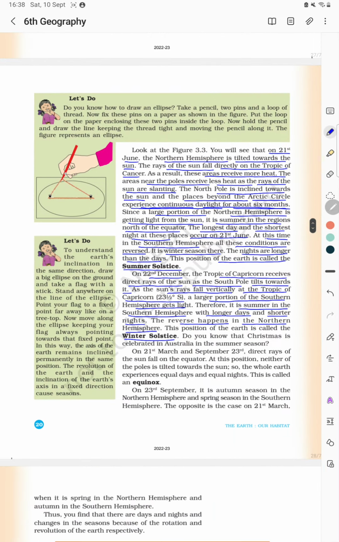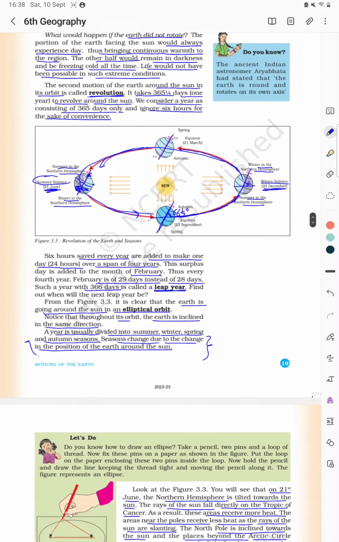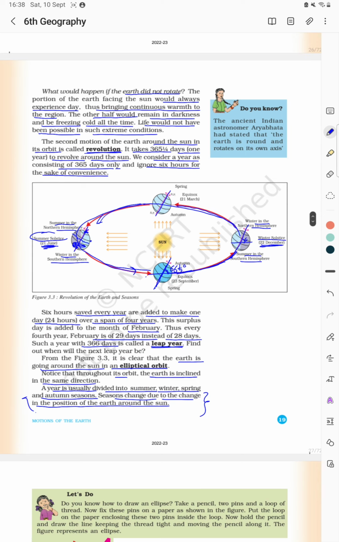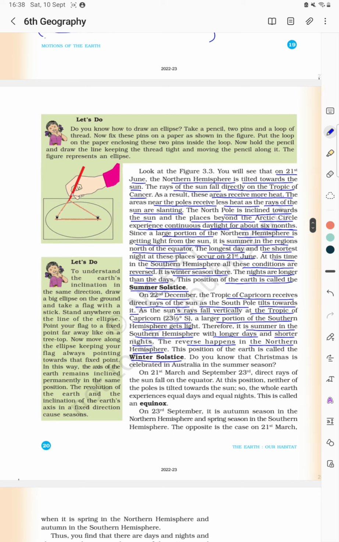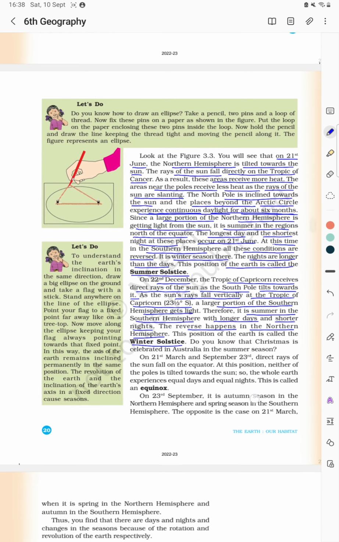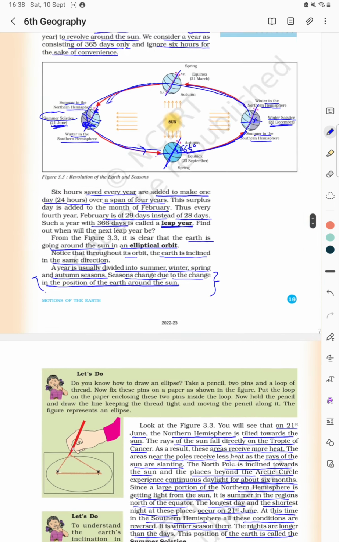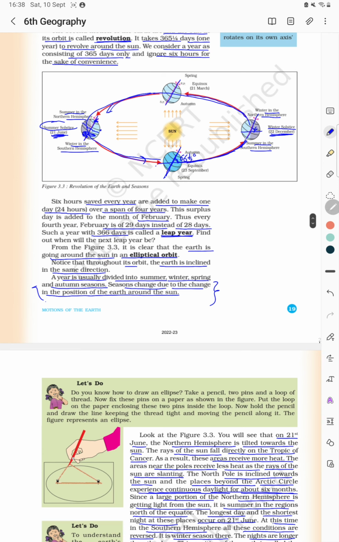So from this we can easily say that Christmas in Australia is celebrated in summer season, because in this position there is summer in the southern hemisphere and Australia lies in the southern hemisphere.